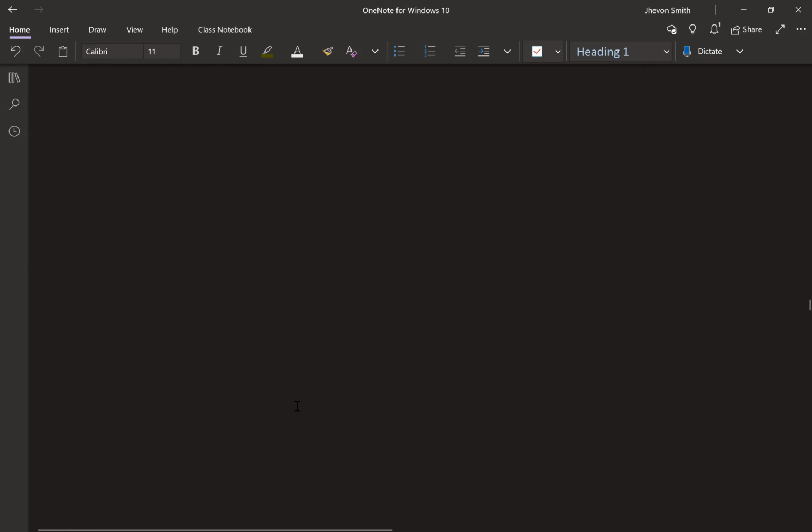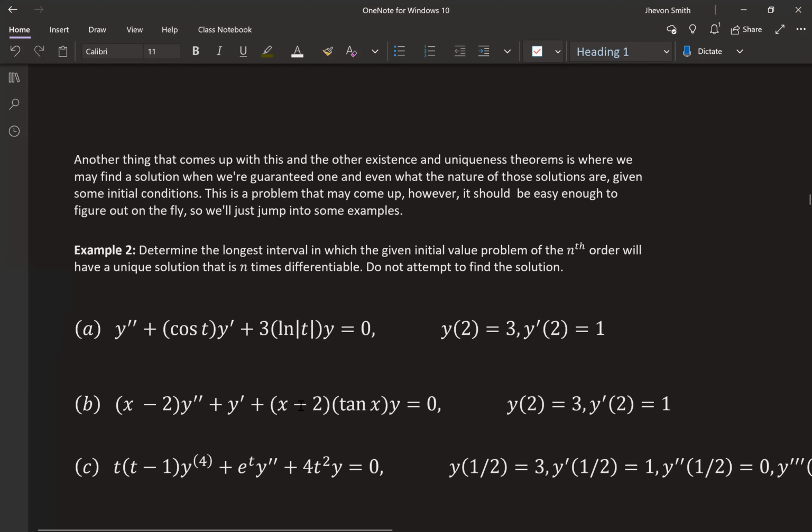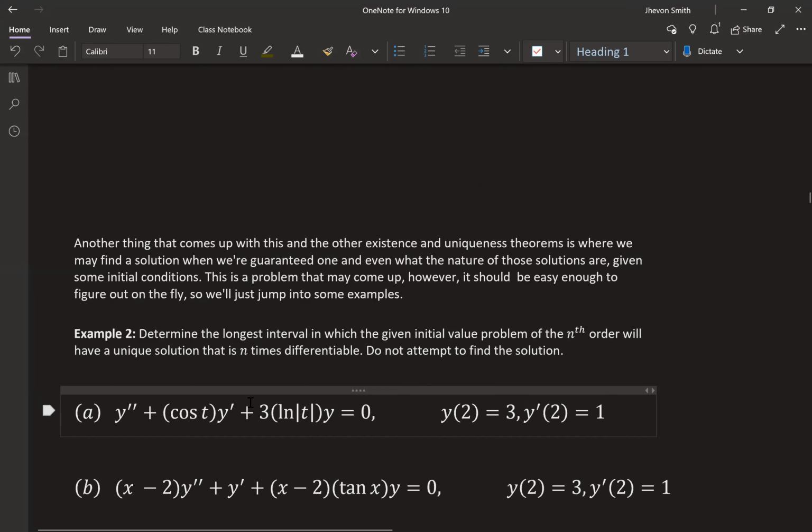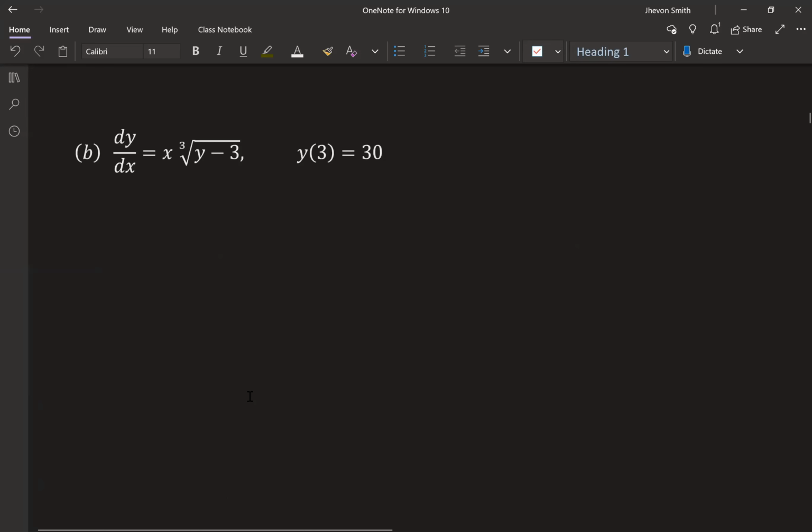I just want us to get through these, because these are also problems that could show up on a multiple choice test, final, or quiz. They're really nice, quick questions that are not very difficult computationally, but they show whether or not you understand some important concepts.